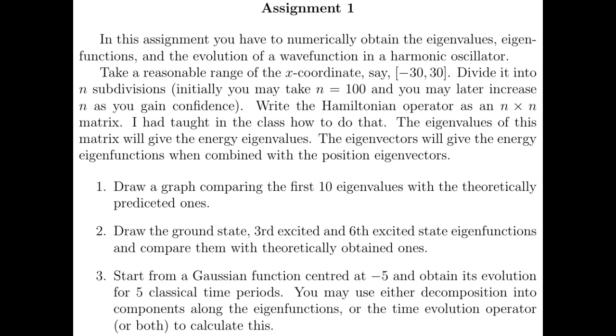But the basic idea was that you start with an initial wave function, and the way to compute without actually solving the differential equation was that we know the solution can be decomposed into components of individual eigenfunctions. So you take the projection of the initial wave function on the individual eigenfunctions, which gives the coefficients.